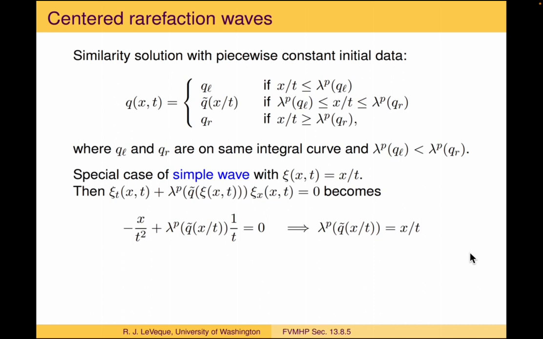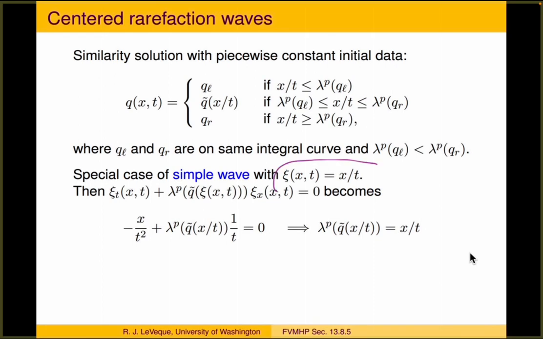So this is really a special case of a simple wave, as we were just talking about, except now this parameter xi as a function of x and t, we're expecting to be just x over t, because we want our solution to be a similarity solution. So if we plug that assumption into this scalar PDE that we just derived on the previous slide, then when we differentiate xi with respect to t, we get minus x over t squared.